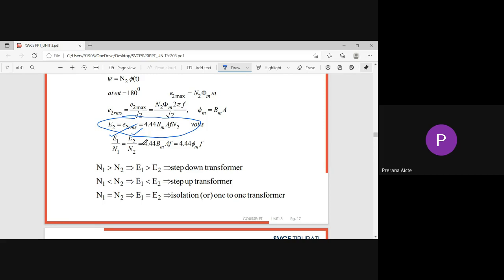From that we obtain 4.44 B max A f. This means the induced EMF per turn in the primary and secondary is the same, but the number of turns placed in the primary and secondary differ, giving the low voltage winding and high voltage winding.